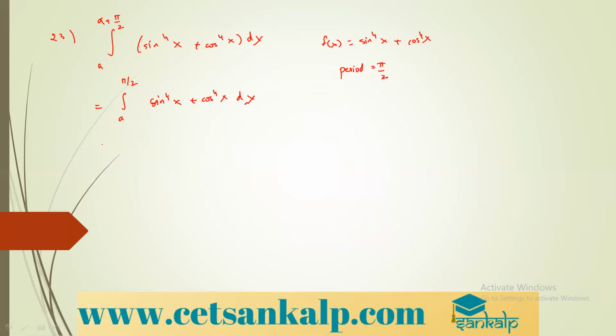Or this you can write as 2 times integral 0 to pi by 2 sine power 4x dx. So 2 into, start with 3 by 4, then 1 by 2, and then pi by 2. So 3 pi by 8 would be the answer.